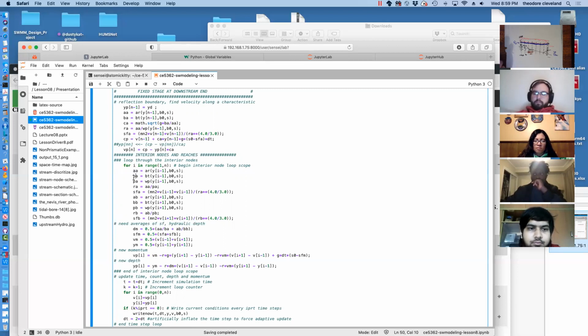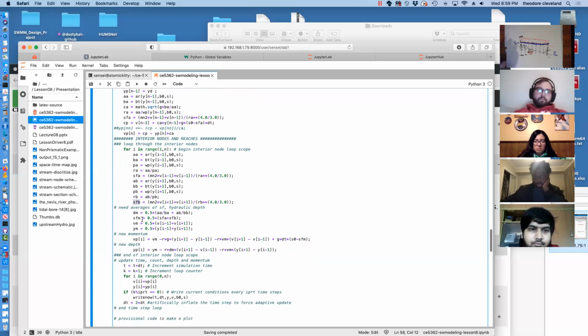So area, top width, perimeter, hydraulic radius, friction slope by Manning's equation. We do the same to the right of the current cell: area, top width, perimeter, hydraulic radius, friction slope. And then we use those to produce spatial averages, which are going to go into the update equation.